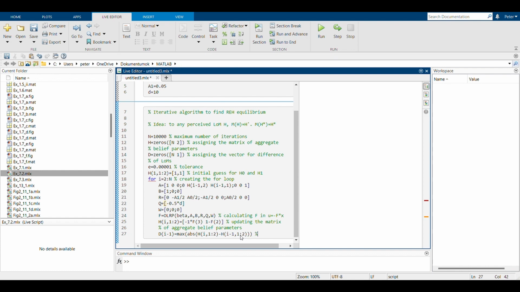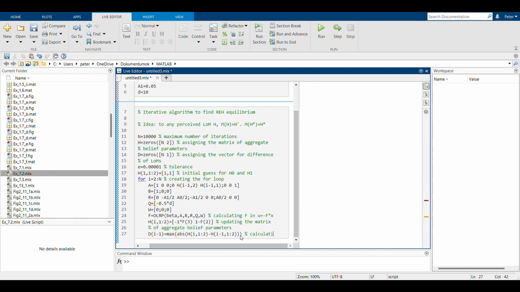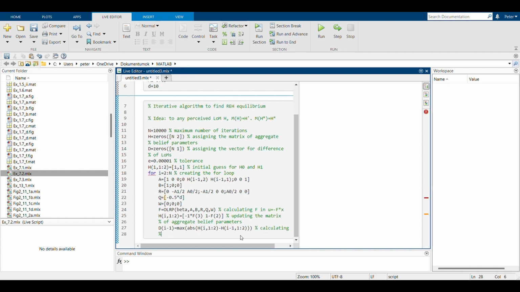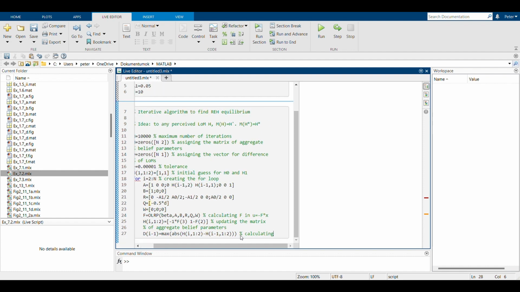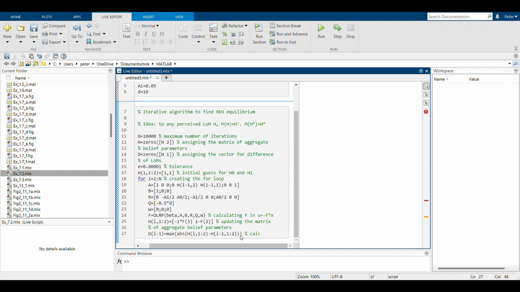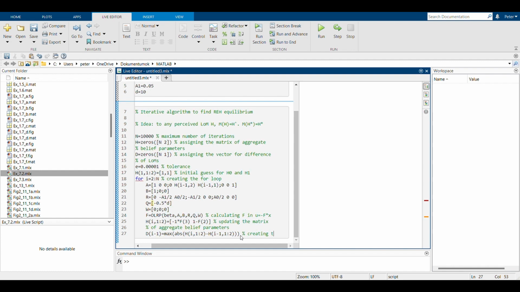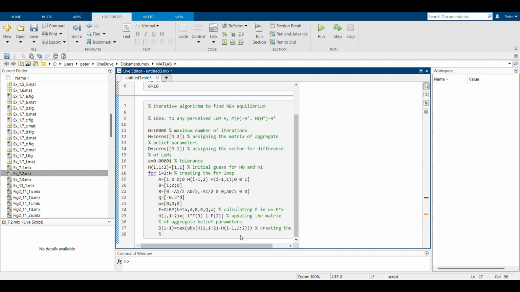Okay, creating the stopping criterion. Okay, hopefully it's going to work.